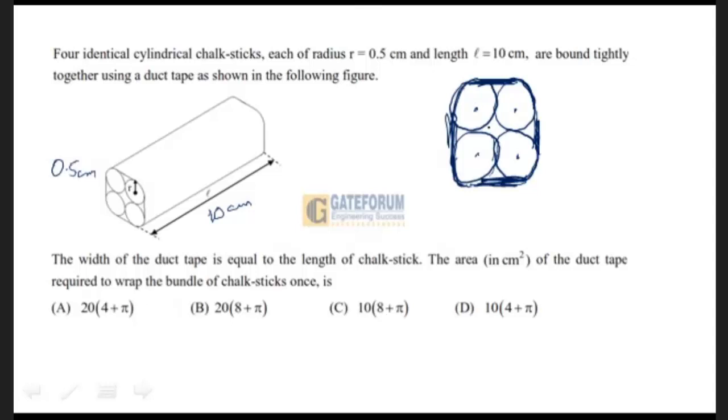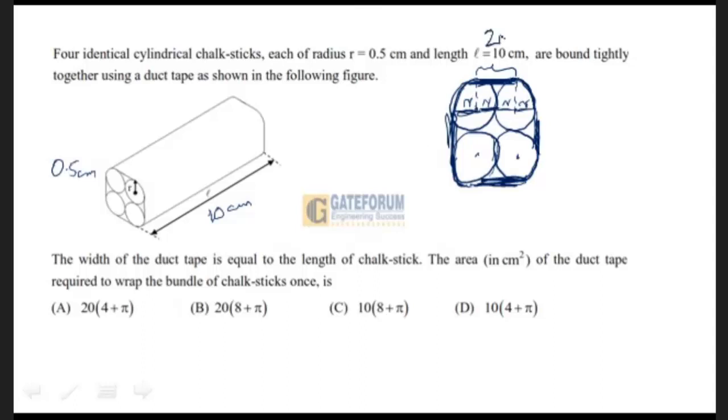So how do we do this? See, first of all, I hope we understand that this length is R as has been given. So this length is also R. And the chalk sticks are all of equal radius. So this length must also be R and this length must also be R. So basically, if you draw a perpendicular from this center onto this, see, this is the portion of the duct tape which is not attached to the chalk.